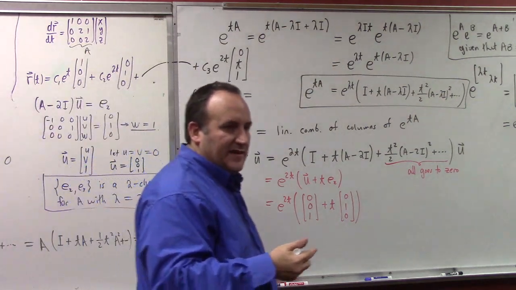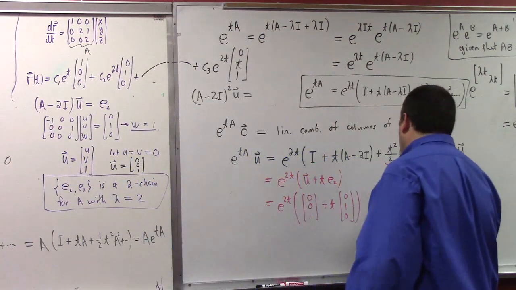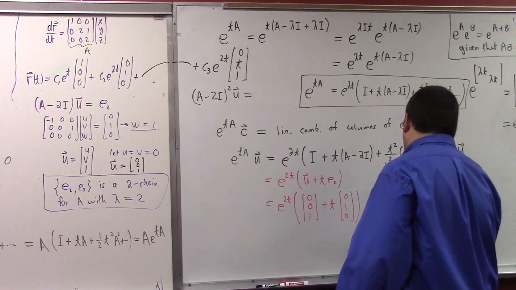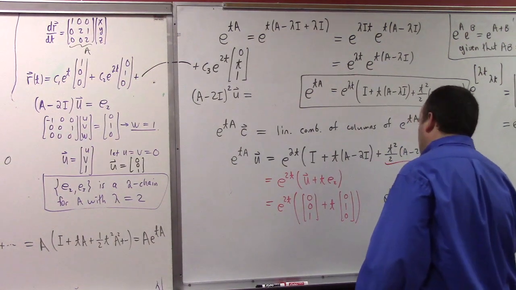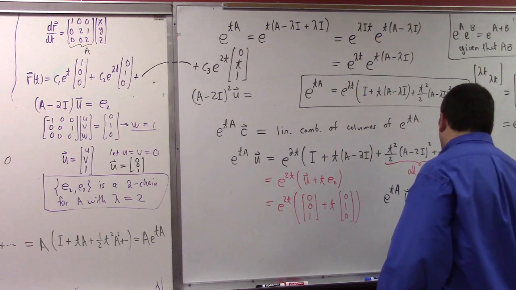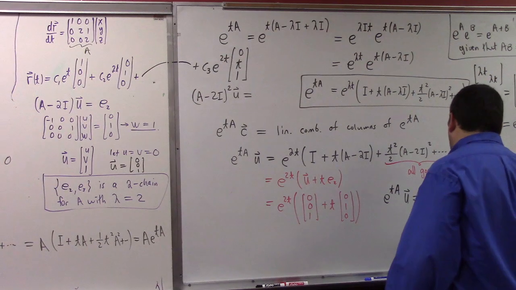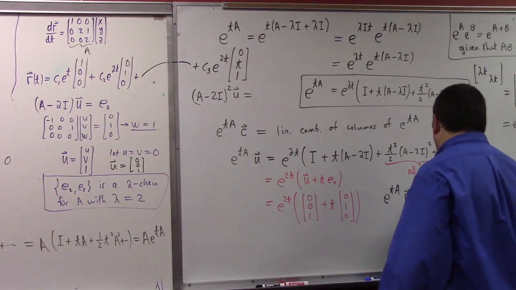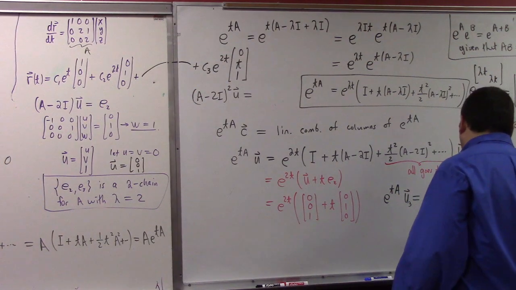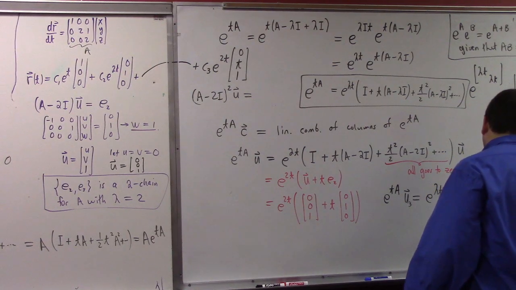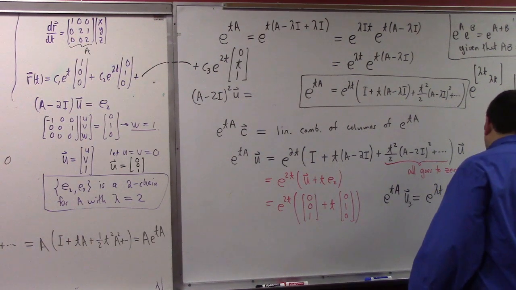If you had a generalized eigenvector of order 3, then the way this works out would be e to the lambda t times u3 plus t times u2 plus t squared over 2 times u1.